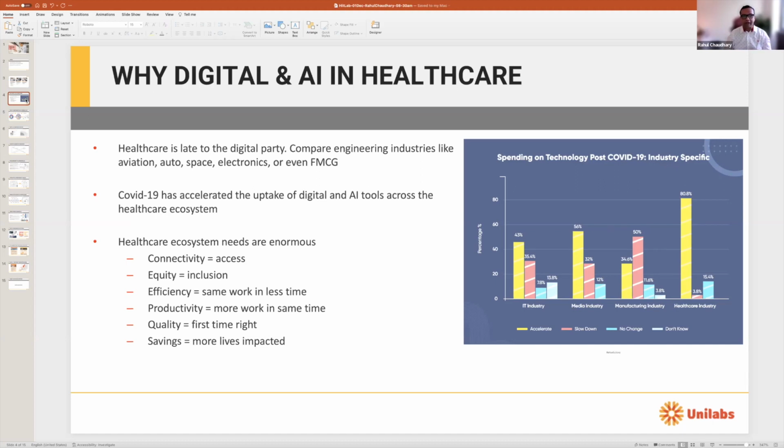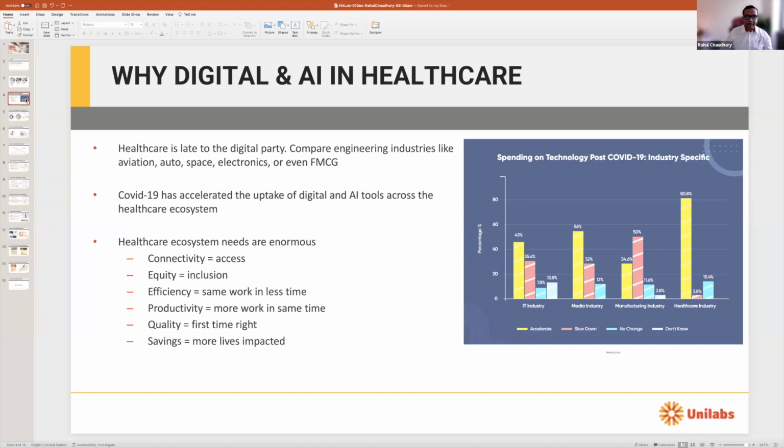Obviously, COVID played its role, which has accelerated the uptake of all of the digital and AI tools across the healthcare ecosystem. And if you see the graph on the right, you can see post-COVID what has been the uptake speed for various industries, and healthcare tops it. So it's a live example of how a crisis can be an opportunity for expansion and innovation.